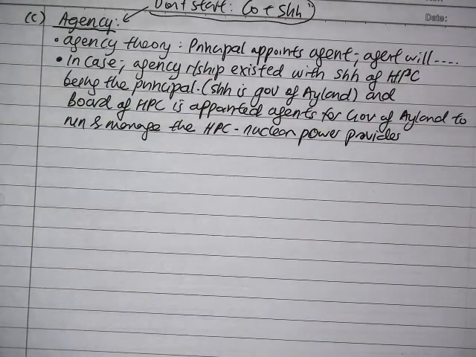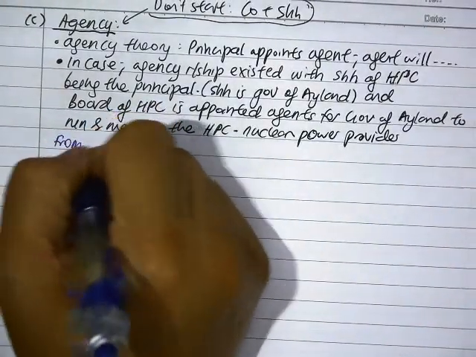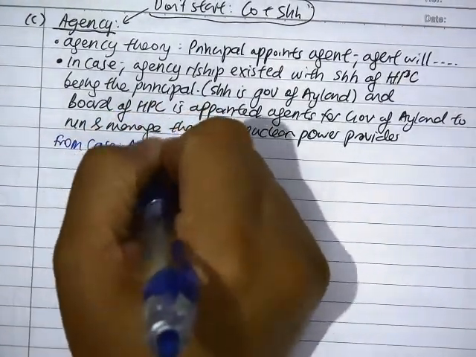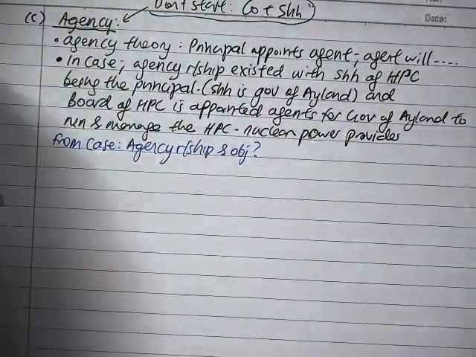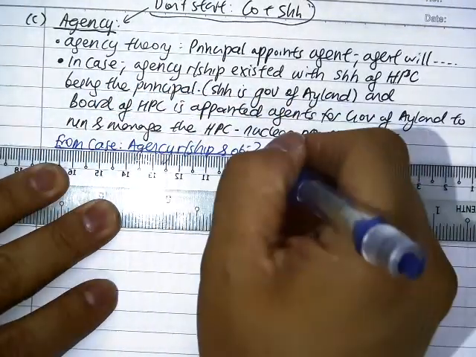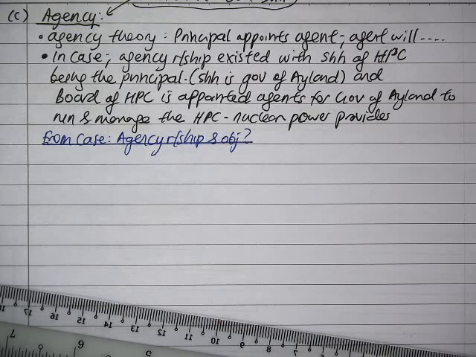Now, so this is what you must do over here. Okay. So after you discuss agency, they want you to talk about what is the current agency relationship and the objective, which means you must tell me from the case in which way the agency relationship and objective are being identified and created.